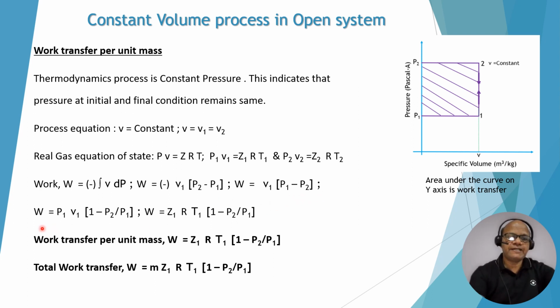Just we can write W is P1V1 into (1 minus P2 by P1). But P1V1 can be replaced by Z1RT1, so W is equal to Z1RT1 into (1 minus P2 by P1).